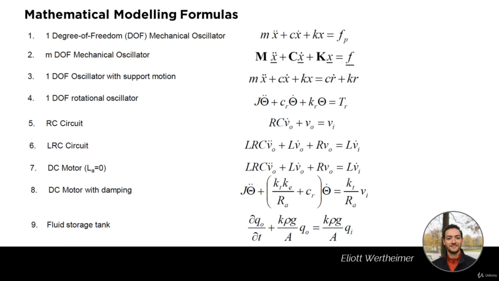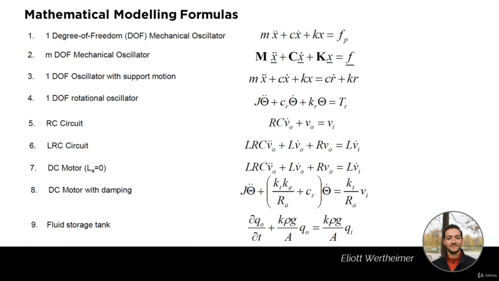We then have 1 degree of freedom oscillators with support motion. It's essentially adding a damper and a spring to counteract the movement in that 1 degree of freedom. We have 1 degree of freedom rotational oscillators, so we had to look at these as well. Then in electrical circuits, we have RC circuits, LRC circuits.